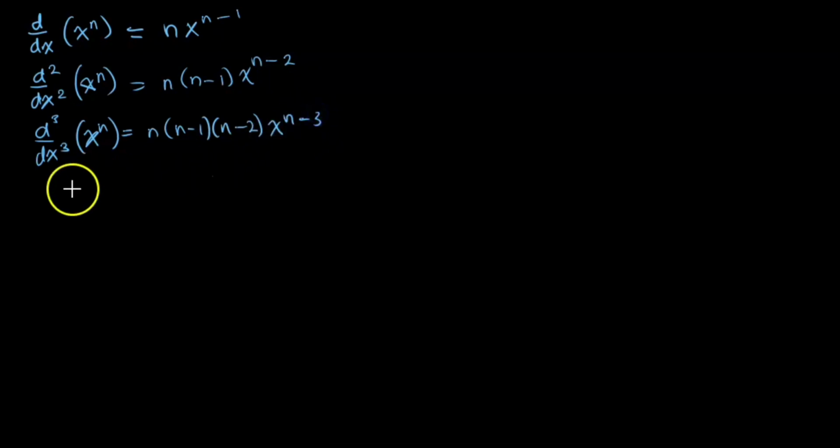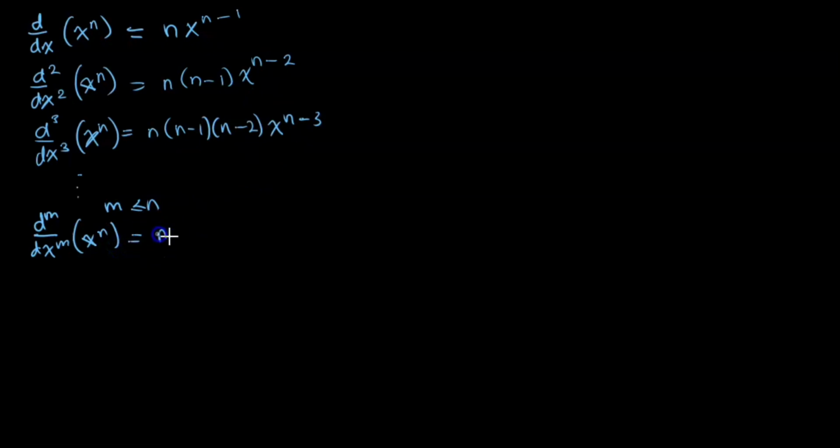But let's generalize. So let's say that for any order m, where m is at most n, for any of such order, this is what we're going to have. The m-th derivative of x raised to the power of n is, well, notice what we have here.